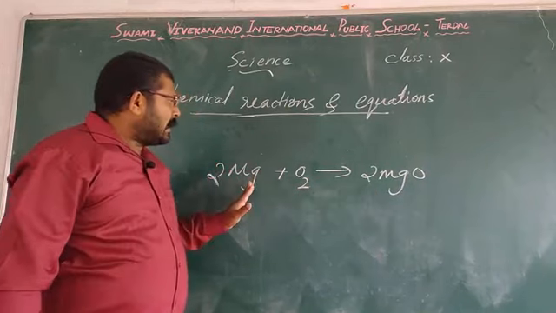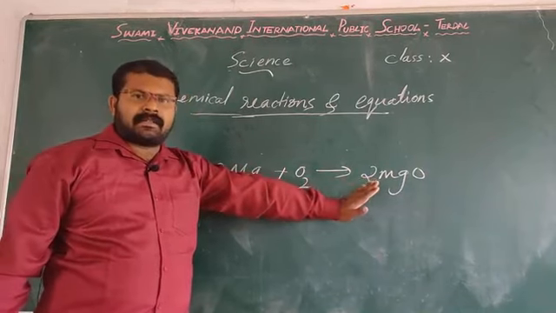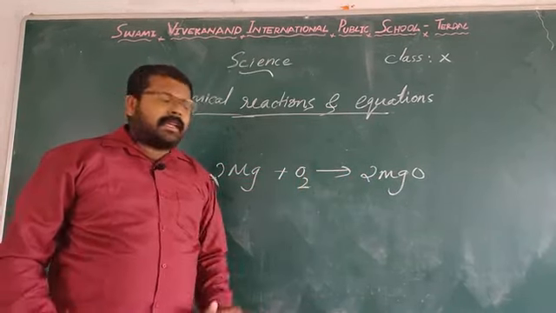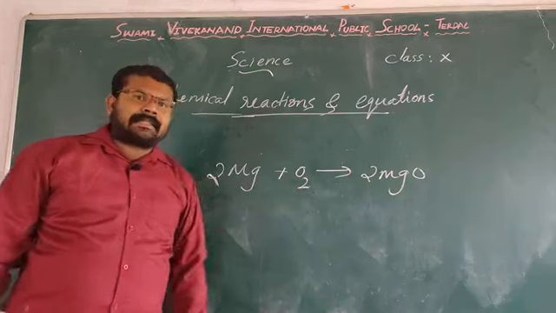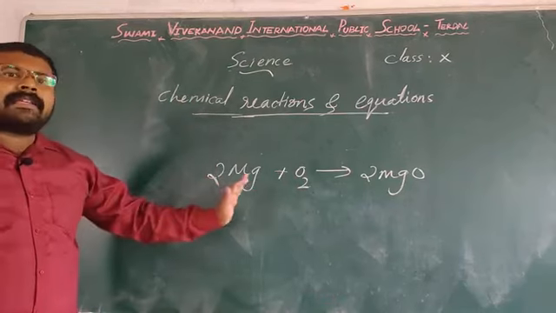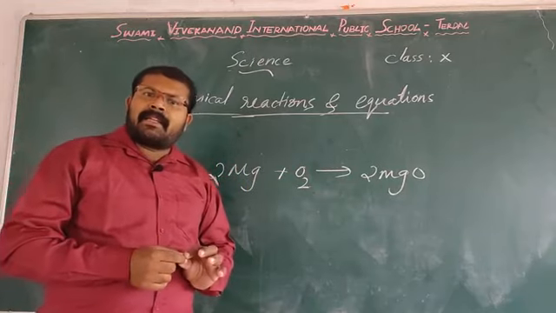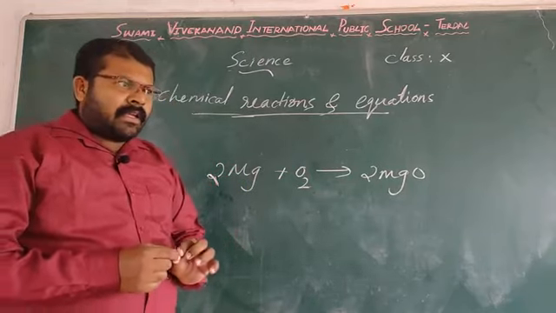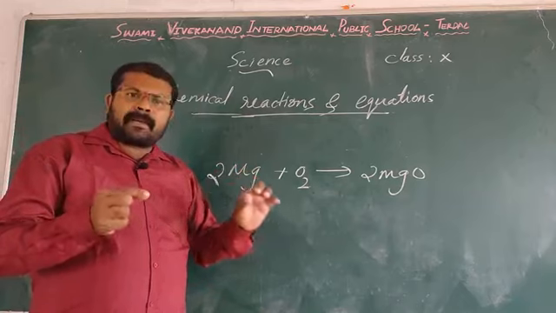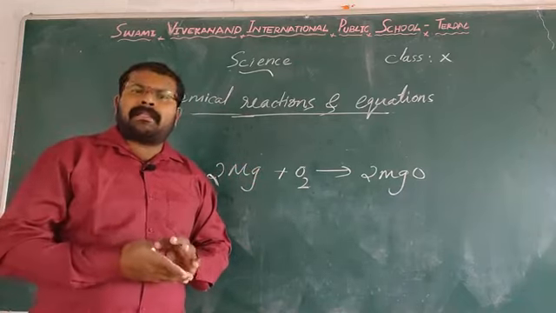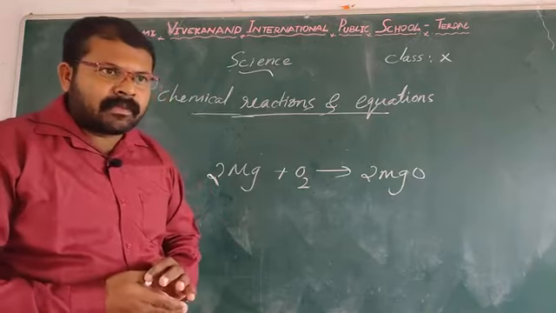This is a chemical reaction. So in this activity, take a magnesium ribbon. You have to rub this magnesium ribbon with sandpaper. So why are we rubbing the magnesium ribbon with sandpaper?